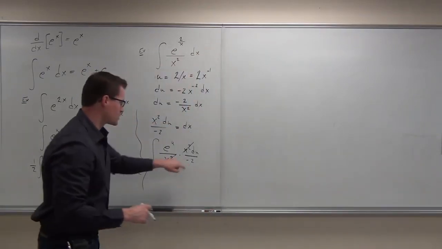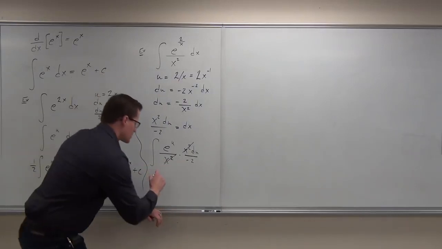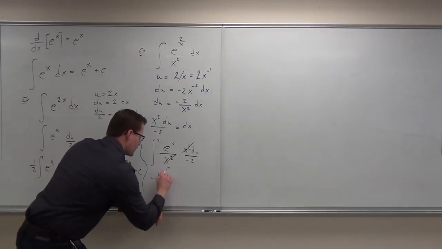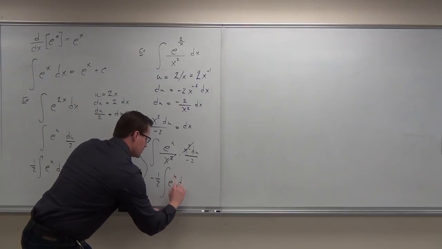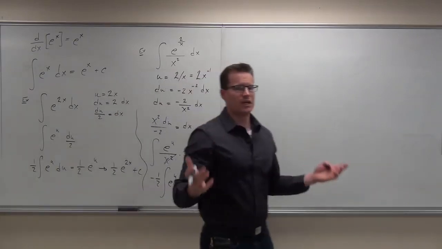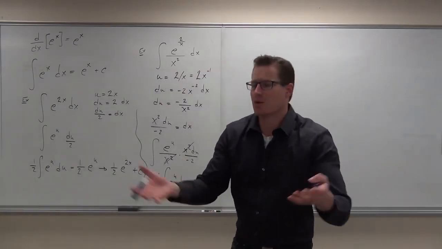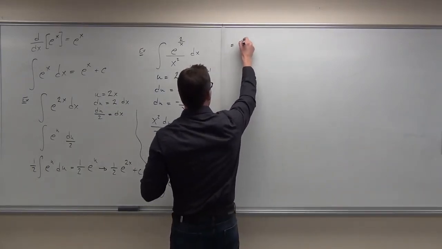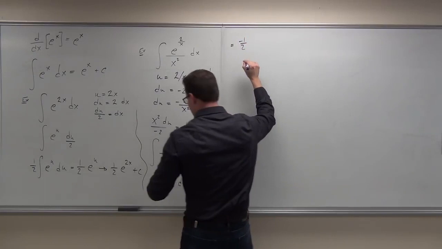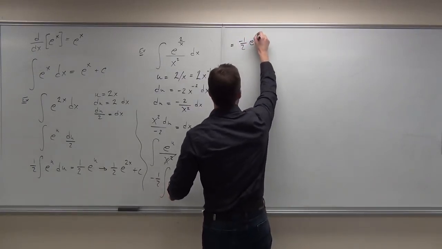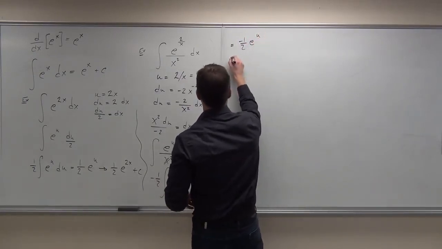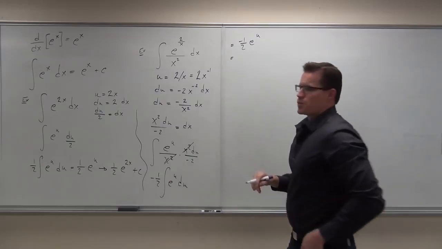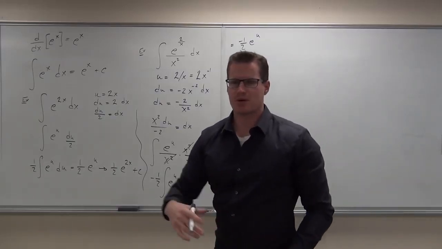Tell me something I can do with this negative 2. Put it outside. So I'm going to have negative 1/2 integral e to the u du. Can we do the integral of e to the u? Yes. That's easy. What's the integral of e to the u? So we're going to have negative 1/2 e to the u plus c for sure. There's one thing I'm going to do before I put my plus c so I know that I'm not done.